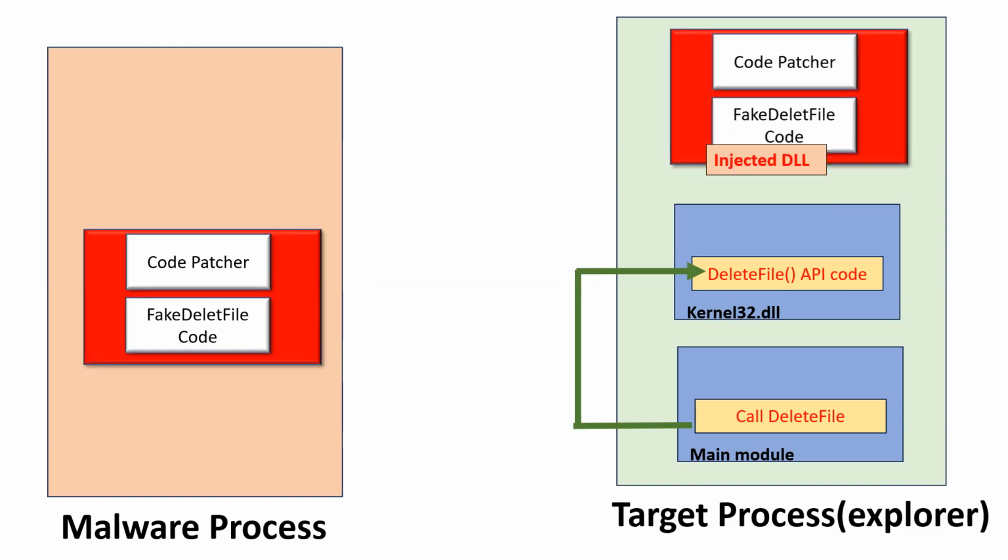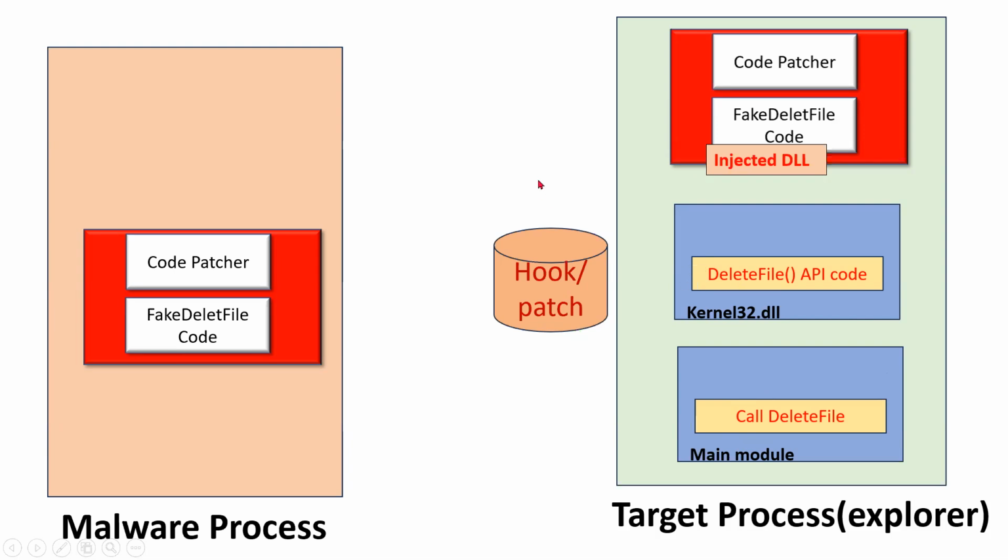This injected DLL has two components: one is the code patcher, and the other is a fake version of DeleteFile. The code patcher patches the code in such a manner that the call to DeleteFile in the main module, instead of calling DeleteFile in kernel32.dll, is going to call this fake DeleteFile, which is implemented in the injected DLL.